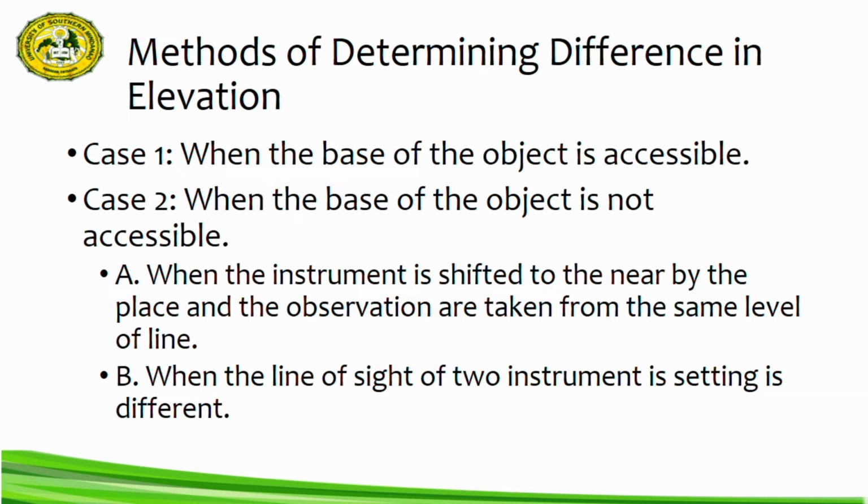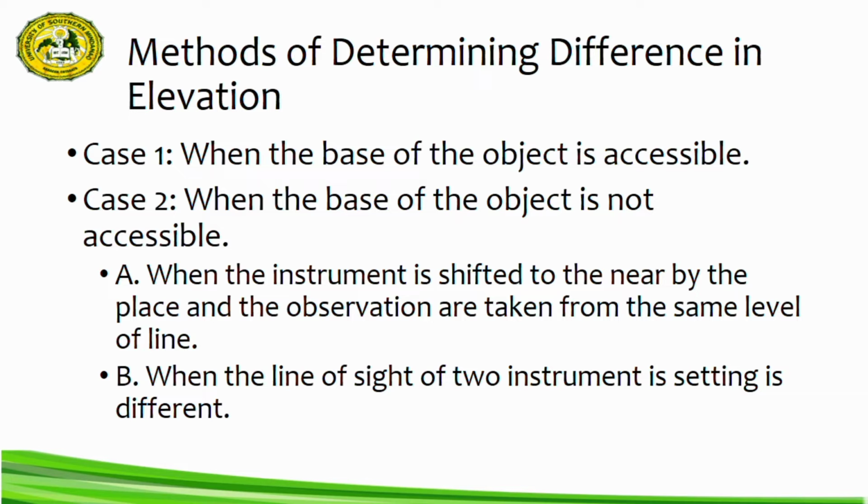Methods of determining difference in elevation and its cases. So in case 1, when the base of the object is accessible. And case 2, when the base of the object is not accessible. And it consists of A, when the instrument is shifted to the nearby place and the observations are taken from the same level of line.